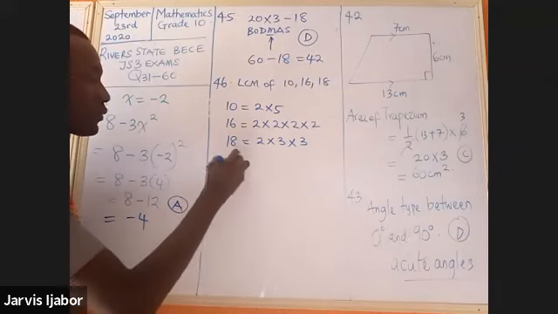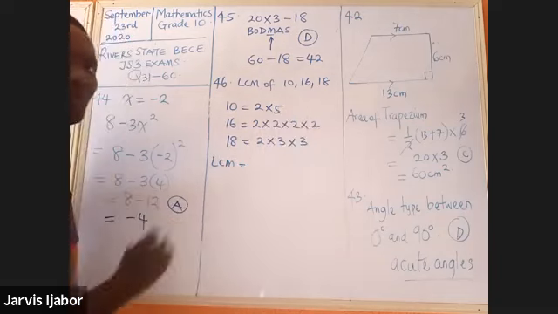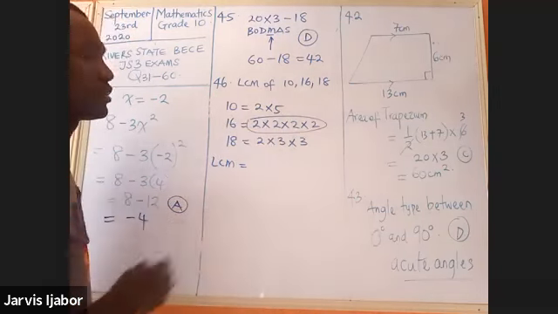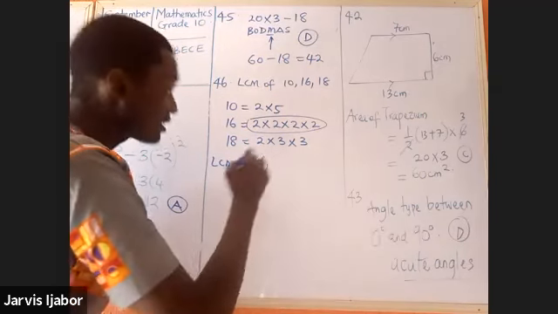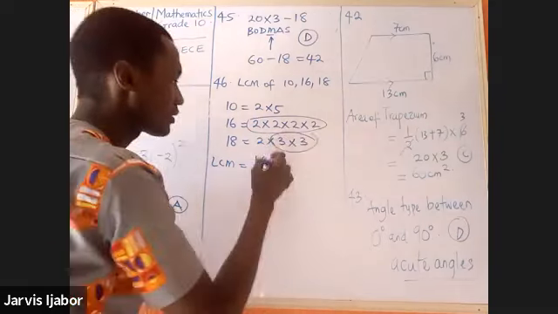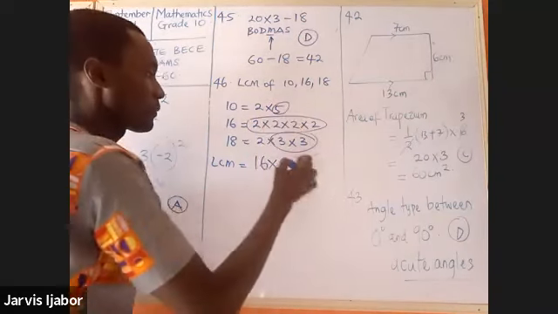So if I'm going to find the LCM, very simple. LCM means pick all. If you compare all of this, the highest occurring 2 is 16, so I'll pick 16. I'll go to 3. This is the highest occurring 3, and that's what is that one? 9. And then I'll pick 5.